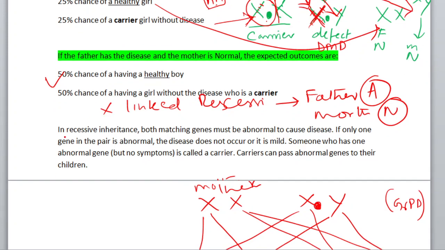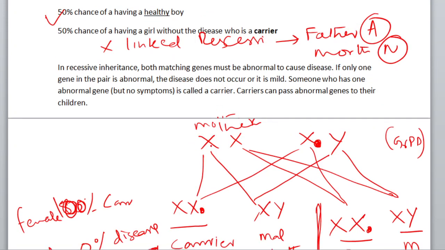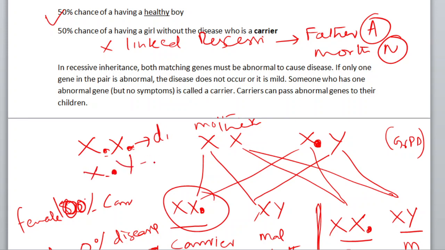Now lastly, in recessive inheritance, both matching genes must be abnormal to cause the disease. In females, both chromosomes must be defective to get the disease. But in males, only one X chromosome is enough to cause the disease, because they only have one.